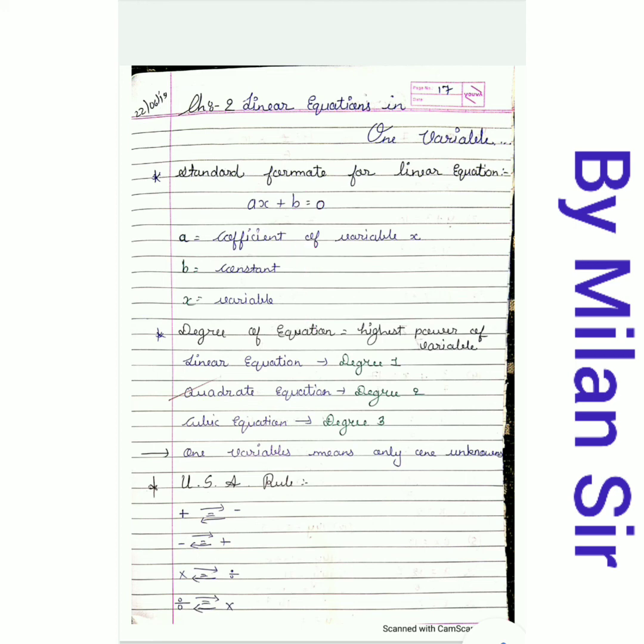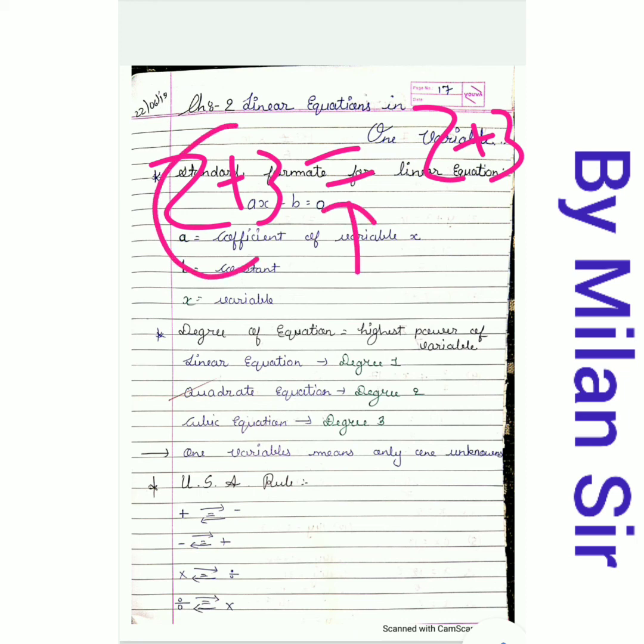Now one more thing, why are we doing this? If we have 2 is equal to 2, whatever I do on the left hand side, the same thing I need to do on the right hand side. If I apply plus 3 here, I definitely need to do plus 3 on the right hand side too, because 3 plus 2 is 5 and 3 plus 2 is 5, so again we can put the equality sign.